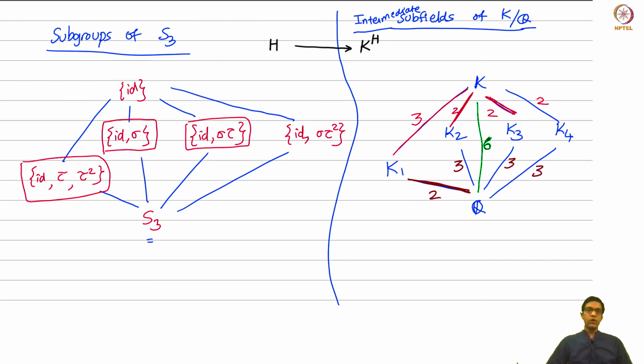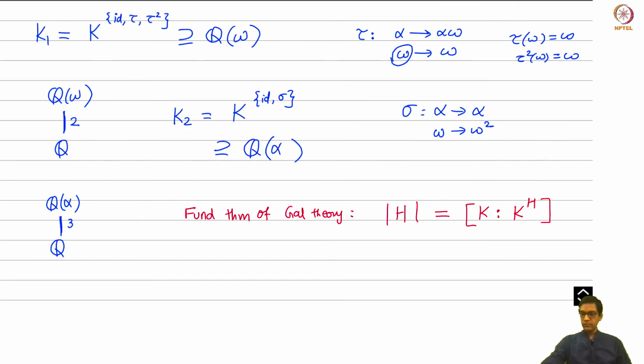So I can work out all the degrees of the extensions by using this other part of the fundamental theorem. Now let's revisit what we know about K1. K1 over Q is degree 2. K1 contains Q omega certainly, so K1 is at least as big as Q omega, but Q omega over Q is already degree 2. So by degree considerations, I conclude that K1 cannot be any bigger than Q omega.